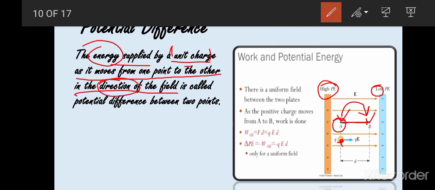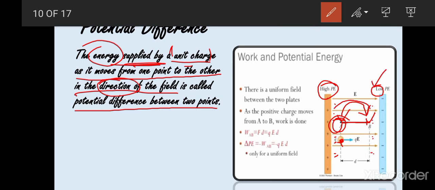So the energy supplied by that positive charge by moving from higher potential to lower potential is actually the potential difference between 2 points. The points near the higher potential have higher electrical potentials, and the points away from the higher potential, meaning toward the lower potentials, have lower electrical potentials.